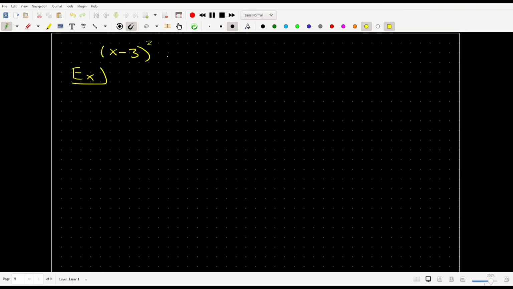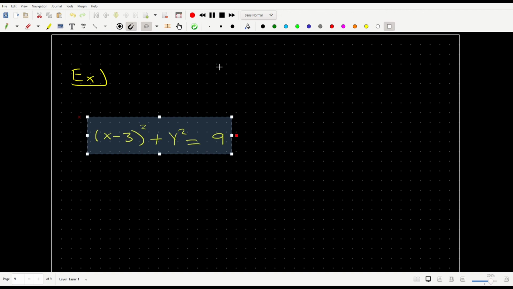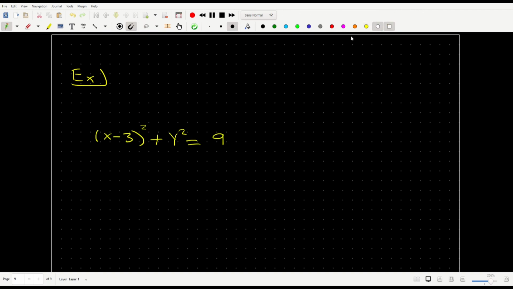So (x minus 3) squared plus y squared is equal to 9. So this is one way of writing down the equation of this circle, which is going to look like the following.